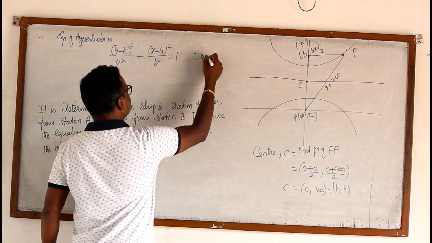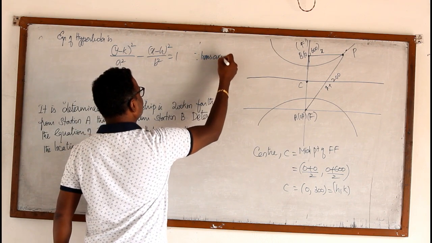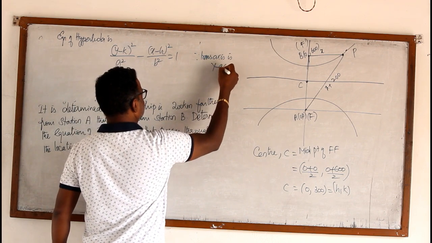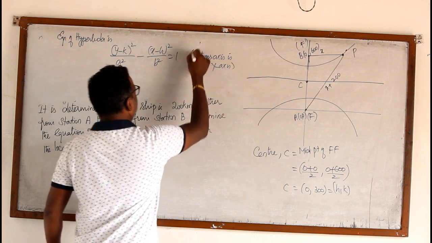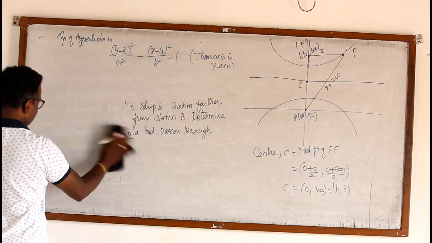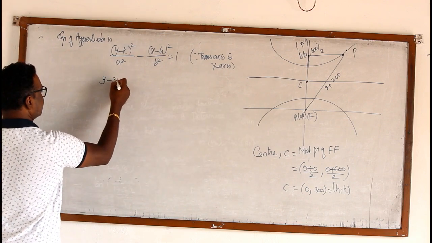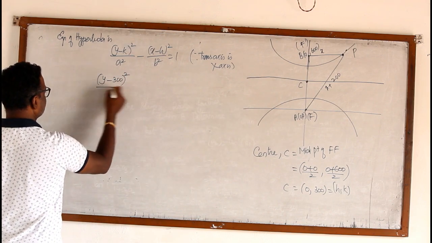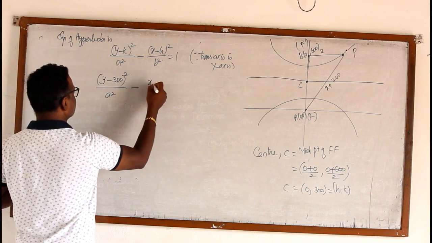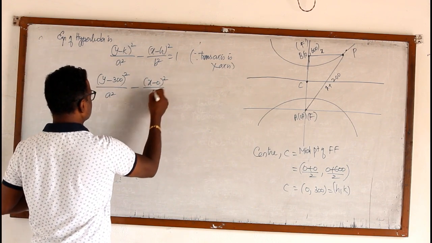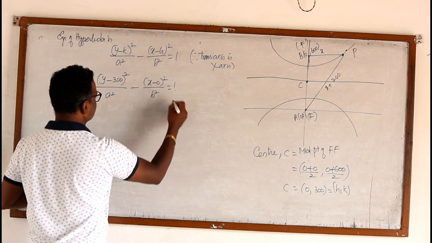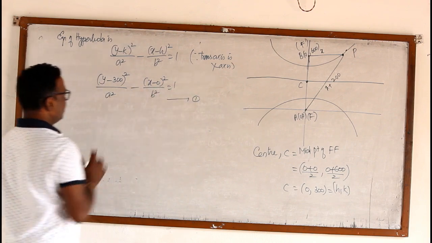Since the transverse axis is the y-axis and we know the center, we substitute the center. That is (y minus 300) the whole square by a square minus (x minus 0) the whole square by b square equals 1. This is the equation of the hyperbola.